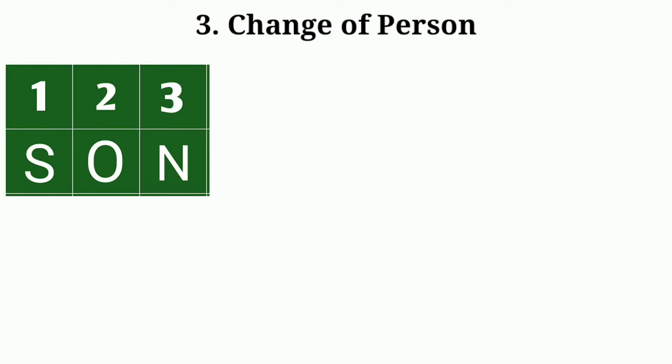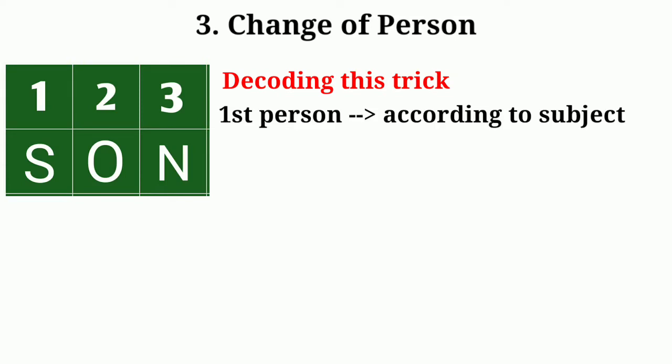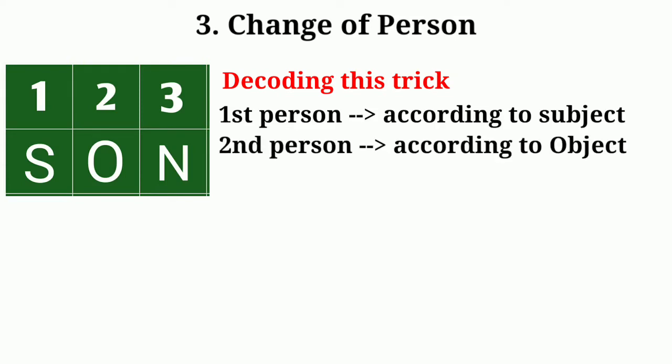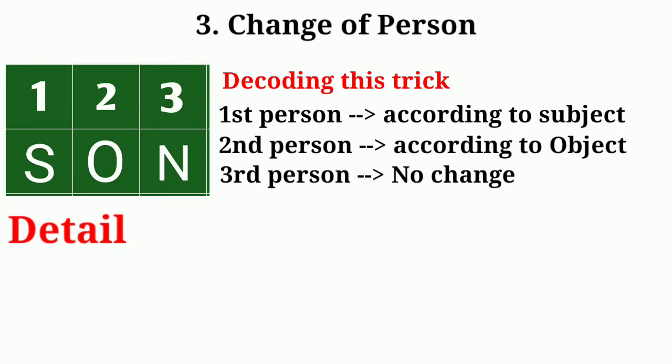This is change of person. For changing person in narration, we should use this trick, 1, 2, 3, SON. And let's decode the trick. First person according to subject, second person according to object, and third person no change. It means what? Let's observe the detail.